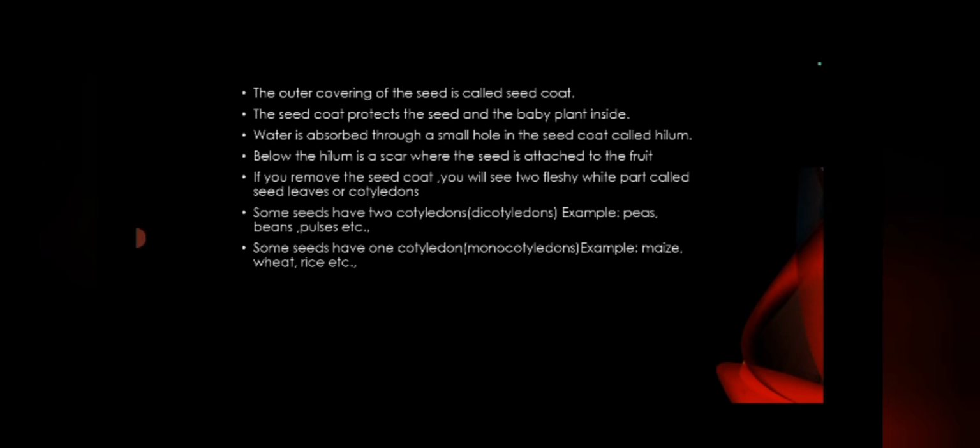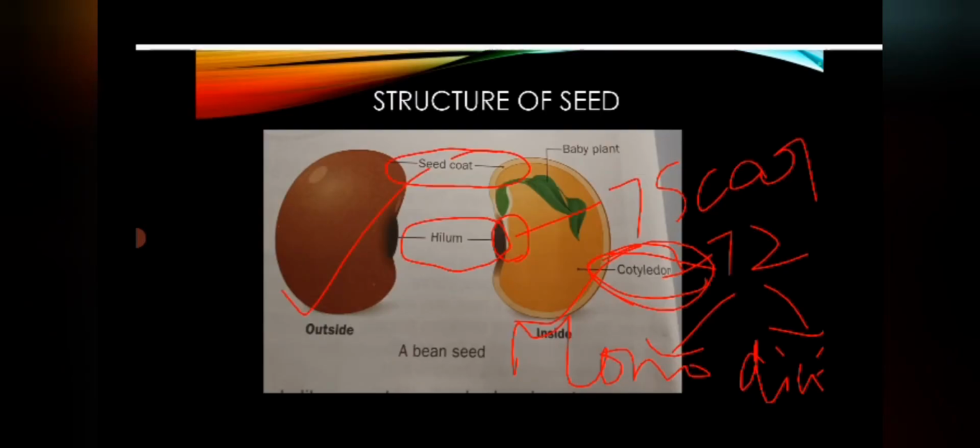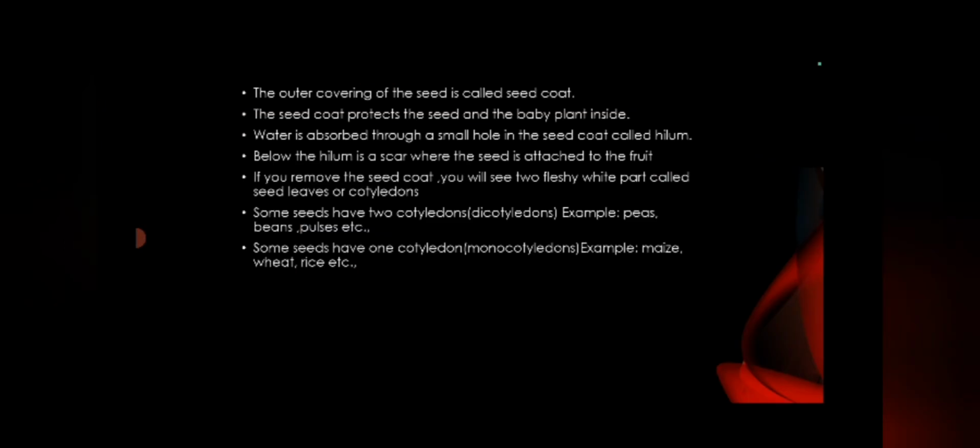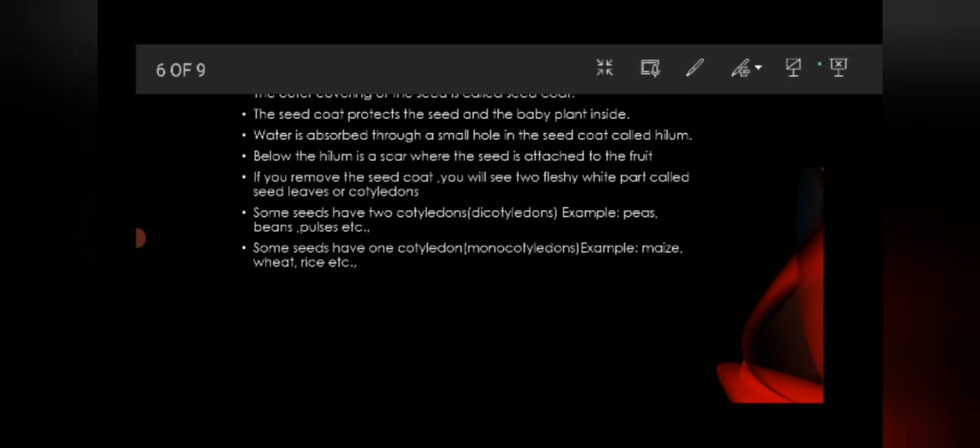This I have already explained. The outer covering of the seed is called the seed coat. You can see the seed coat here. The water enters the seed through a hole called the hilum. After removing the seed coat, you can see the cotyledons. Based on the cotyledons, plants are again divided into two types: dicotyledons and monocotyledons.